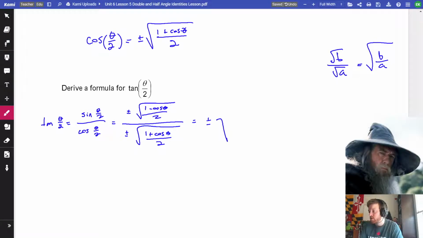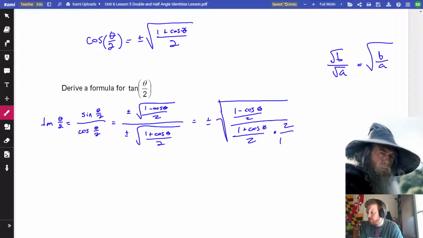Plus or minus the square root of 1 minus cosine theta over 2 all over 1 plus cosine theta over 2. Right. These 2's are going to cancel. Don't believe me? Just multiply the top and the bottom by the reciprocal of the bottom. These will cancel, and then we'll have a 2. The 2's are going to cancel. I'm just going to go ahead and cancel them, though.